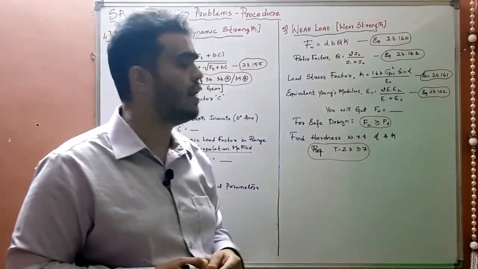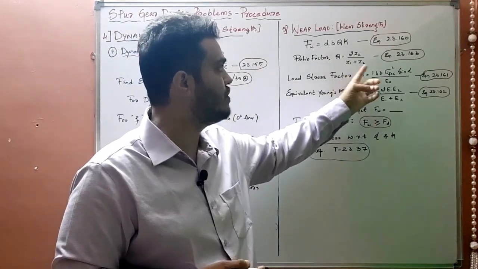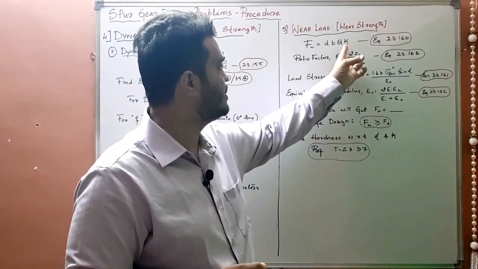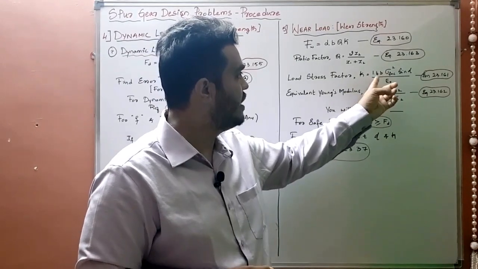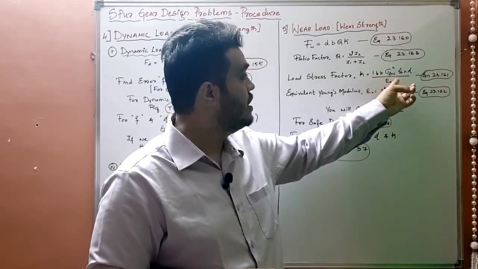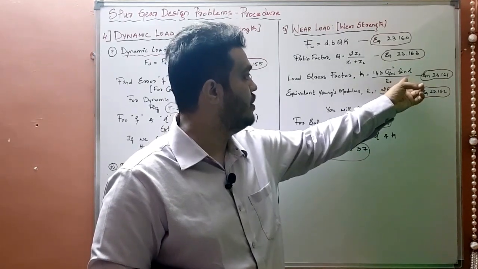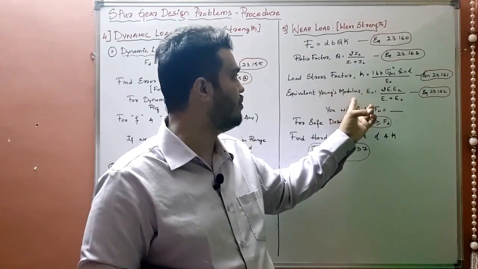And Q is the ratio factor. For that ratio factor you have to use the equation that you will get in 23.163. Next is K, the load stress factor. For that also we have an equation, that is 1.43 sigma factor, that is fracture stress, into sine alpha by E naught. E naught is nothing but the equivalent Young's modulus.